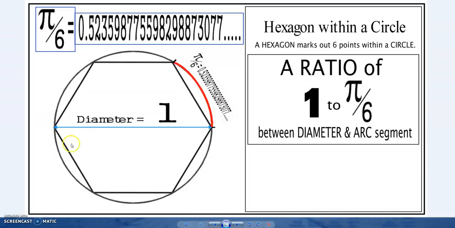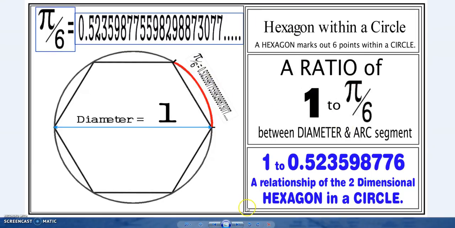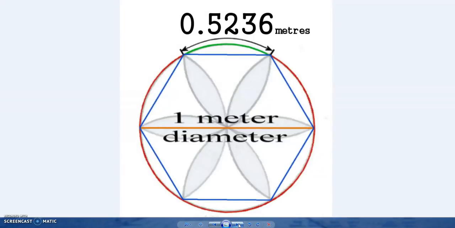But for instance, if you draw a hexagon, which the flower of life, for instance, if it's a 1 meter diameter, because the radius of the circle is equal to the edge length of the hexagon. So the edge length of the hexagon is 50 centimeters, or half a meter, and the arc is pi over 6, 0.5236. So you can call it a two-dimensional connection, like the hexagon in the circle.